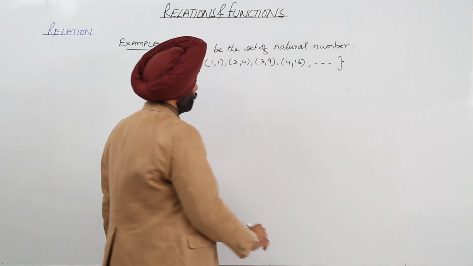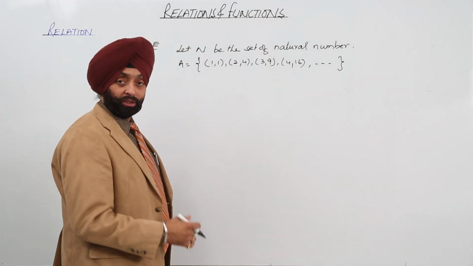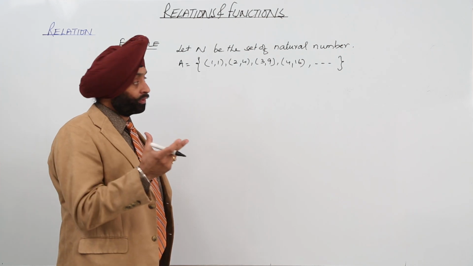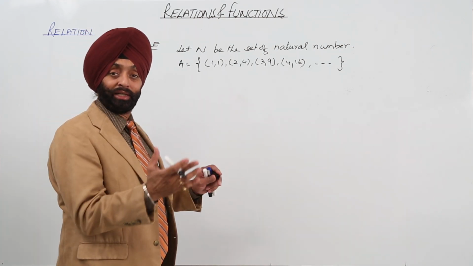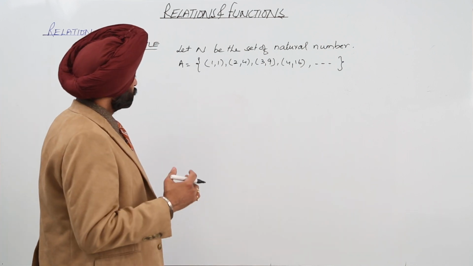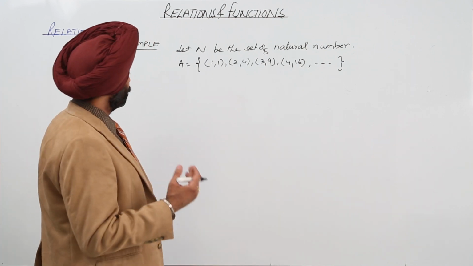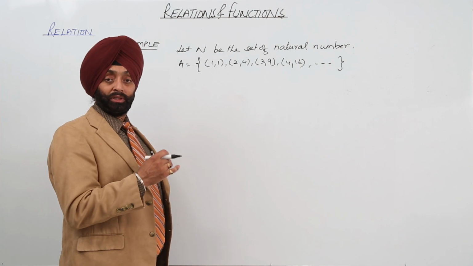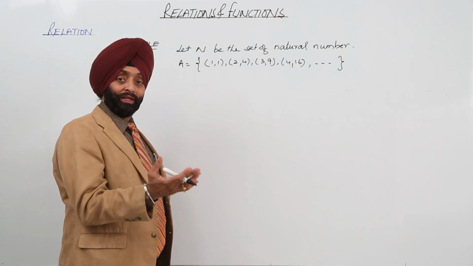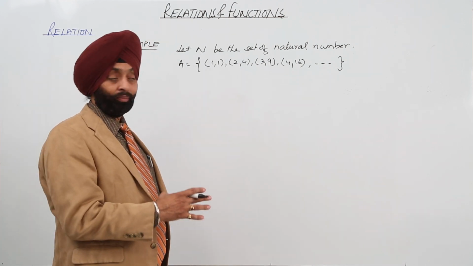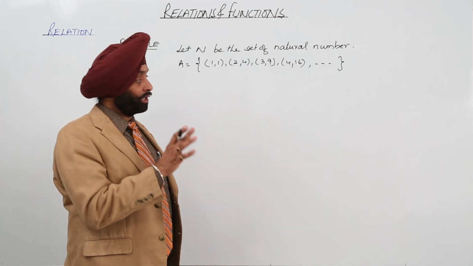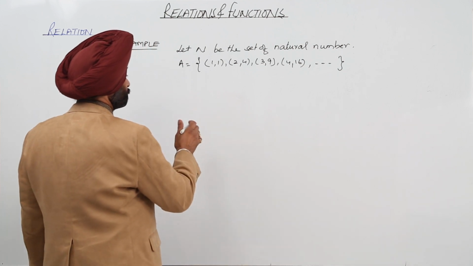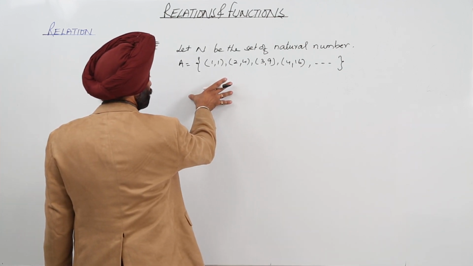Now when you look at the ordered pairs, can you think of what relation there is between the first and the second component? We can easily see that the second component is the square of the first. So it has some relation. Now what can we write here?